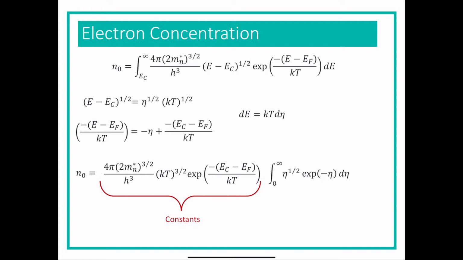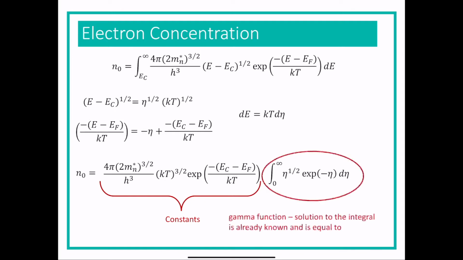The cool thing about this integral is that the answer is already known, and the answer is actually a constant. This is something called the gamma function. And the solution to that is in every integral table or every book, and it equals the square root of pi over 2.